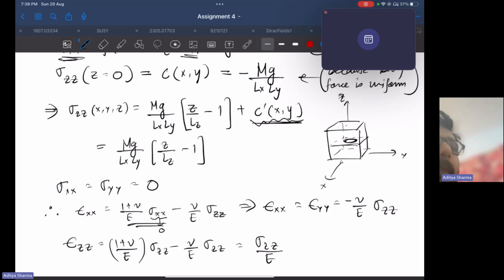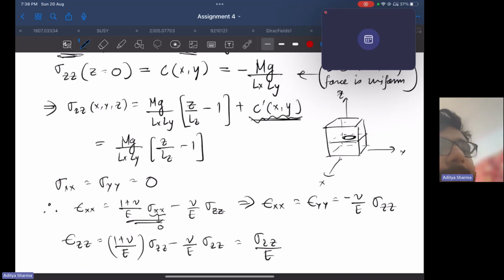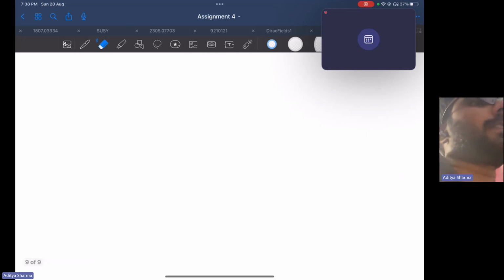Therefore, we can find the displacement. So this is the strain. Strain in xy is zero.